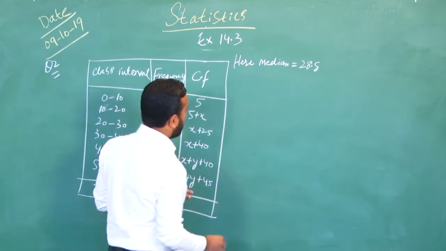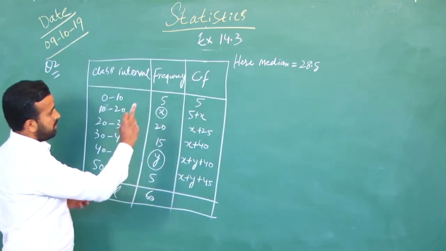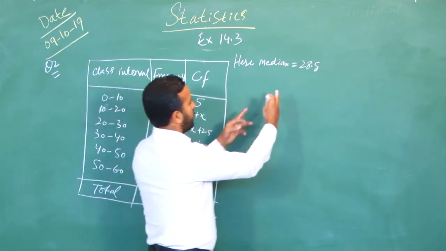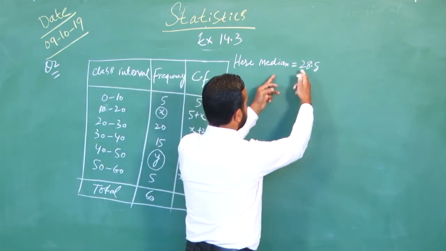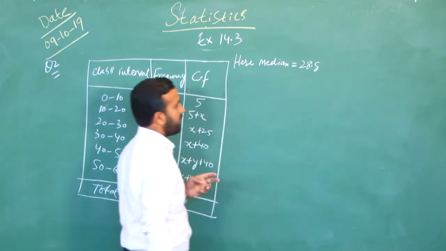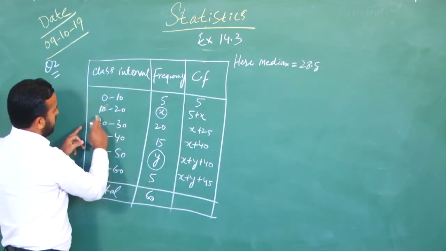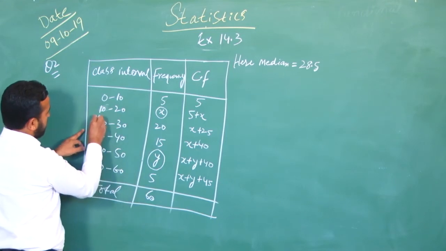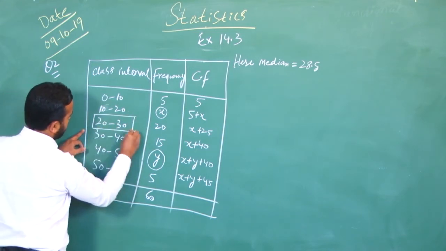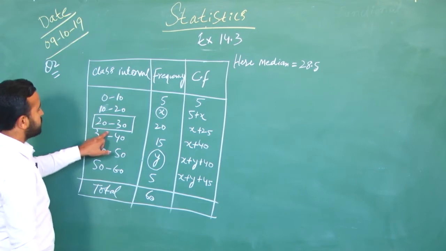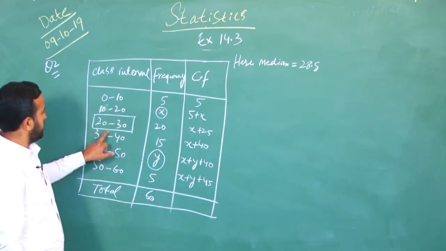Now let us see what the median class is, the class where this median value, 28.5, lies. You can identify it from the class intervals. The particular value lies in the group 20 to 30, and we will treat this as the median class.